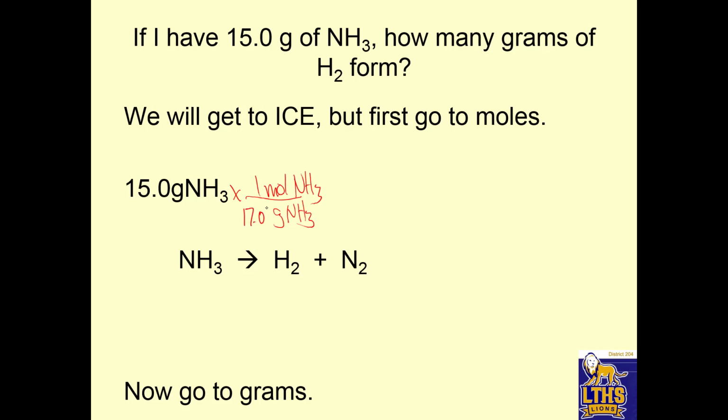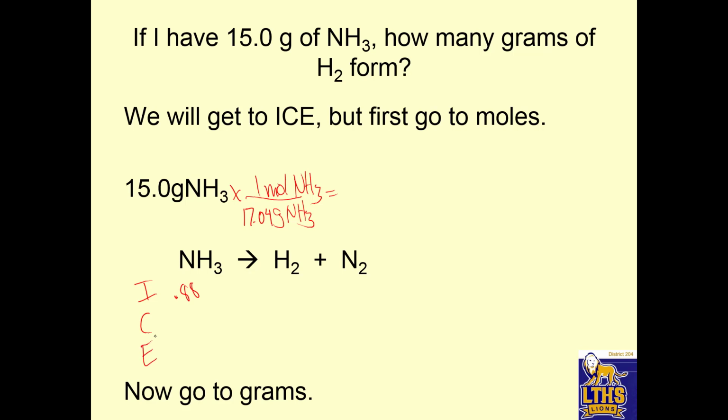So the periodic table tells me that nitrogen's 14, hydrogen's 1, so add them all up, and I get 17.04. So I'm going to have 15 divided by 17.04. Whoops, I put 14. 17.04 is going to be 0.88 moles of that.